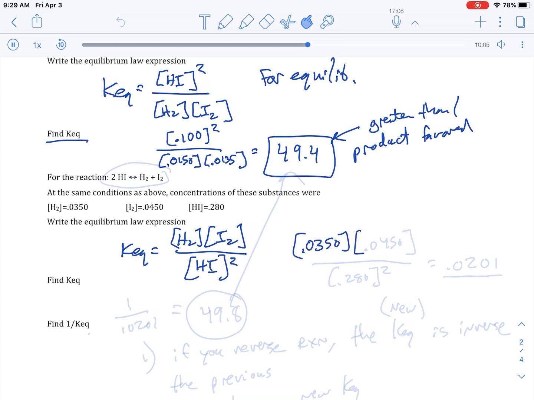Iodine is 0.045. And HI is 0.280, and that, of course, is squared. So if we crunch the numbers on that, we get 0.0201.